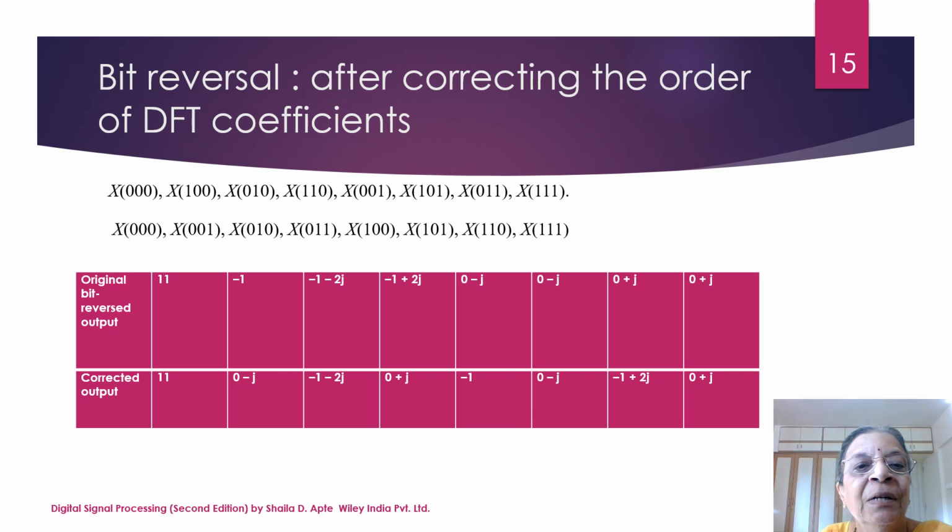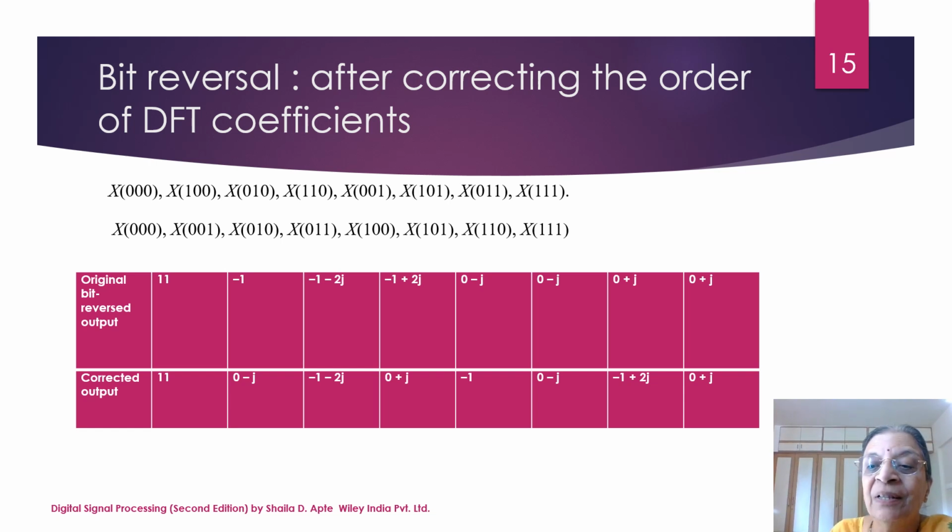This is here. That is the 1, 2, 3, 4, fifth value. This fifth value should be replaced here, 0 minus 0. So similarly, if we replace the other coefficients also, we will get the correct order of the DFT coefficients, right? This is called the decimation in frequency algorithm, because in the output we get a decimated output.